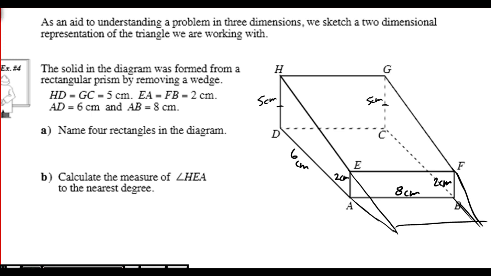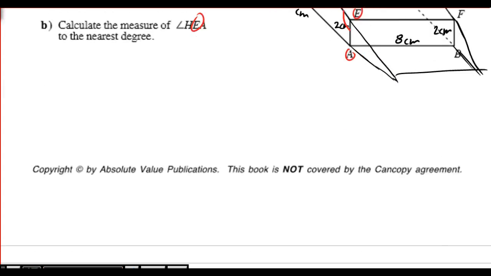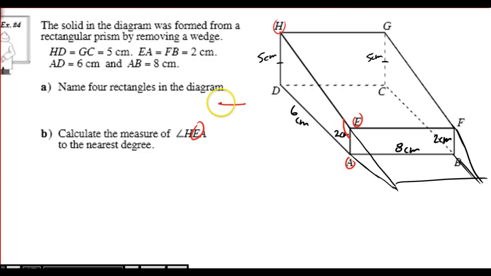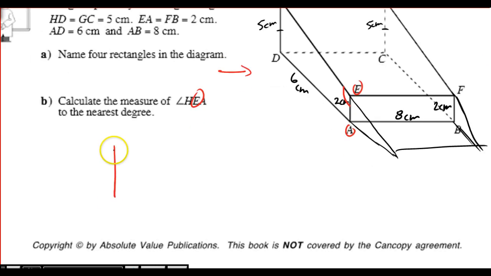HEA, well, first of all, always look at the middle letter. HEA would give us that angle right there. First thing I need to do is, if you can picture this diagram, looking at it from this side over here, you would see a shape that looks like this.